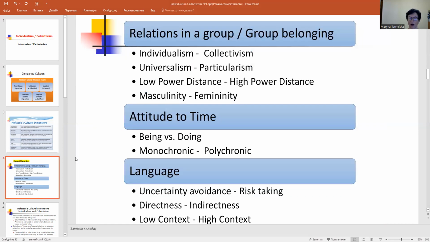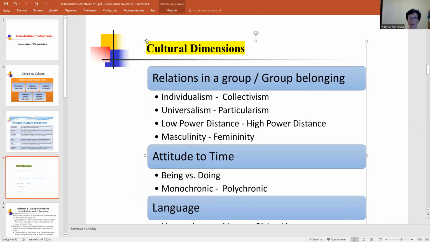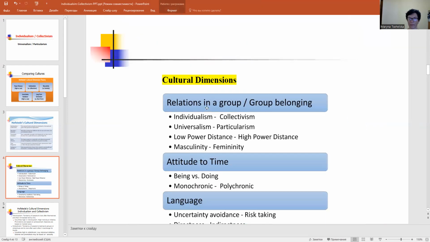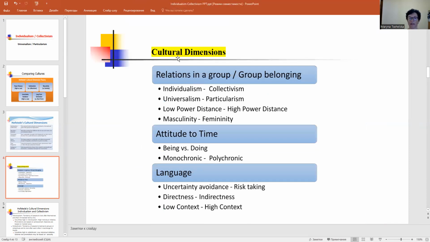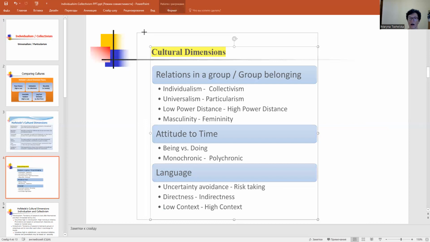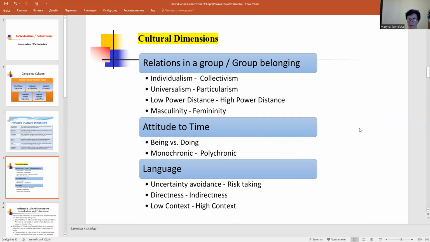For you, we have grouped these cultural dimensions into a table that shows how cultural dimensions may also be further grouped and tell us more about the culture.